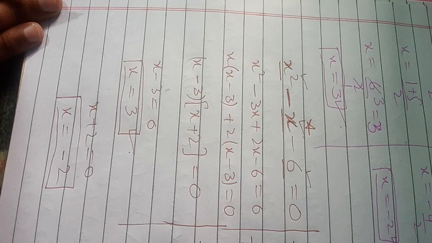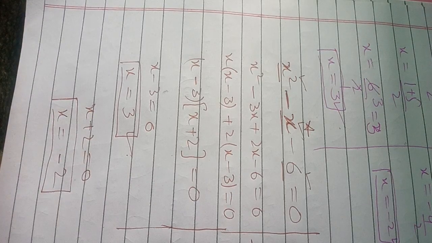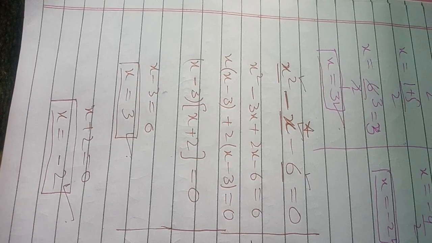The solution is not changing. So this is basically the method to find the solution of a quadratic equation, and a quadratic equation always has two solutions, which we have received in both methods.